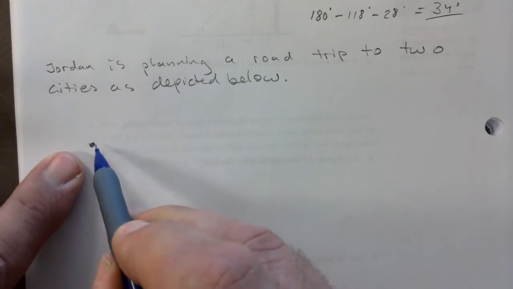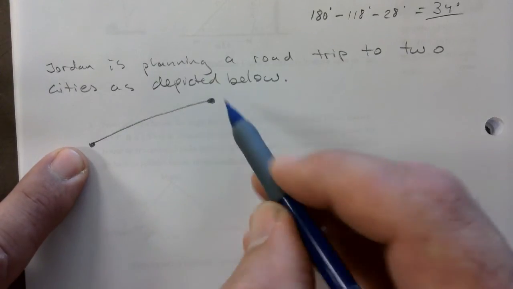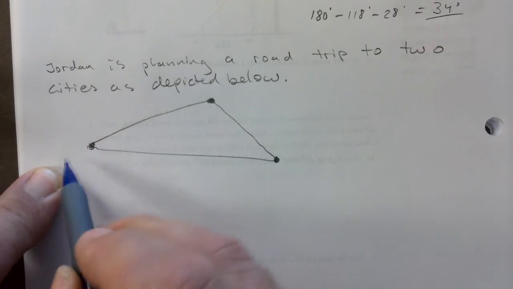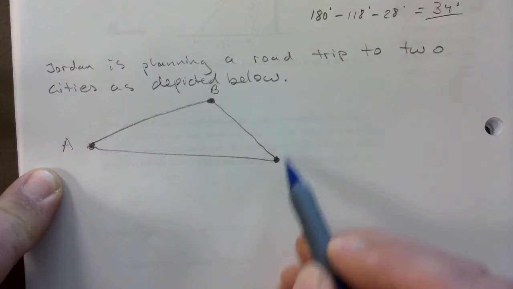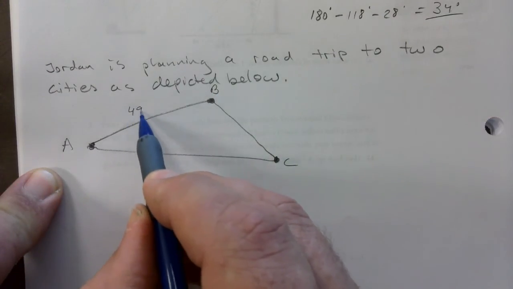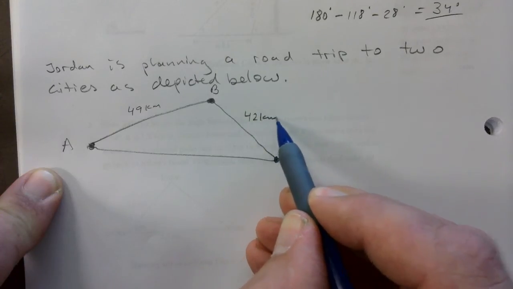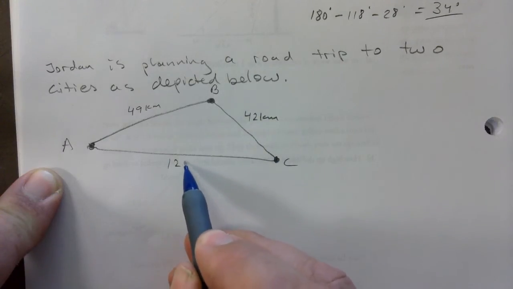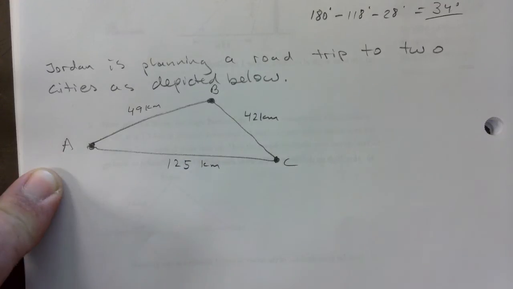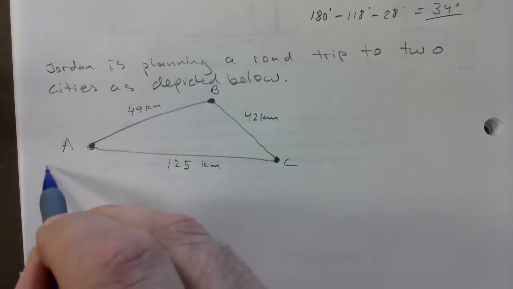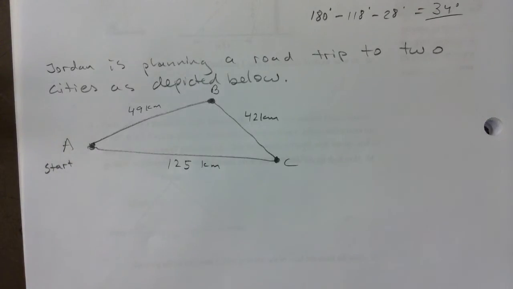So let's say this is the starting point, goes to a city, goes to another city, comes back. So let's go A, B, C. This is 49 kilometers, 42 kilometers, and this is 125 kilometers. Go ahead. You start at A, obviously, and then you go to B, C, and then back.